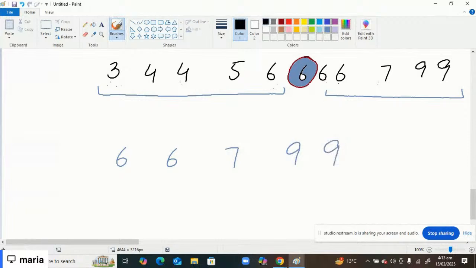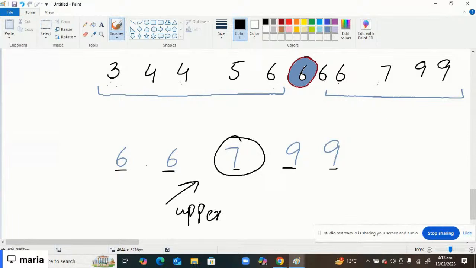Now we are going to see the middle of these. The middle is 1, 2, 3, 4, and 5, this one. So this is your upper quartile, that is 7.